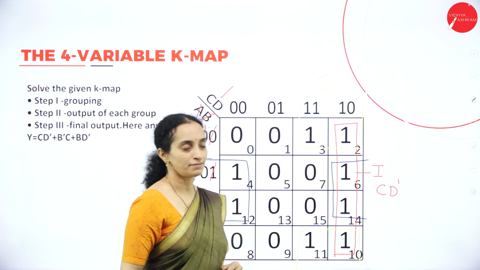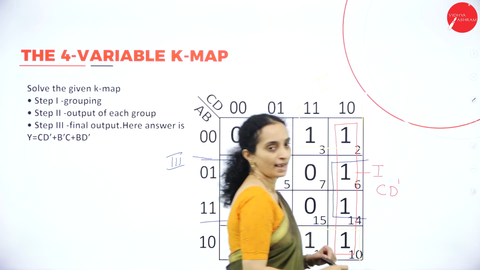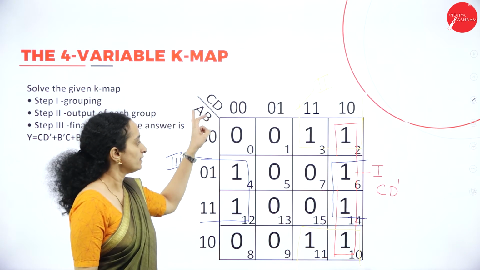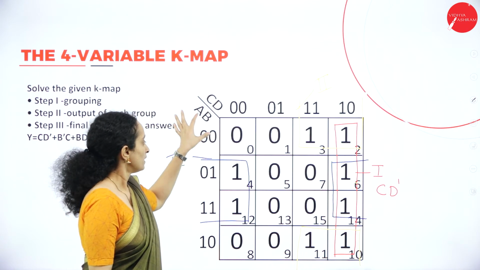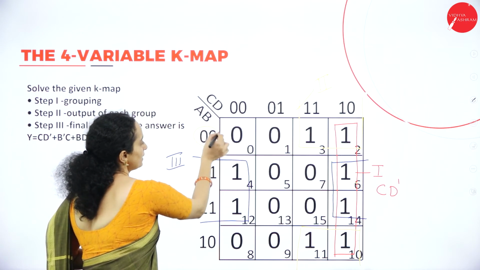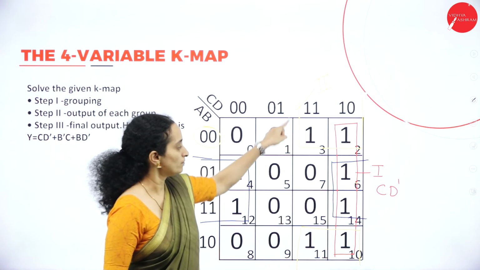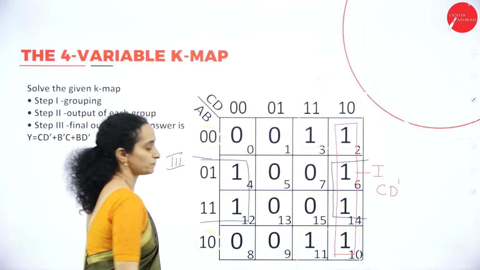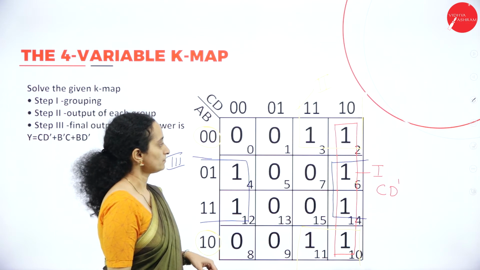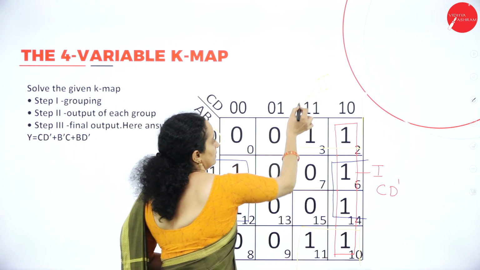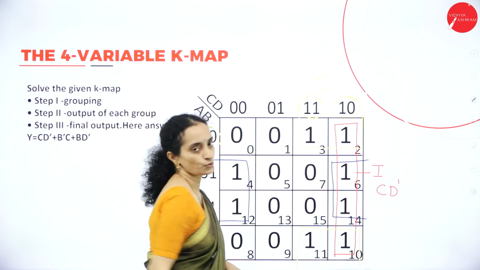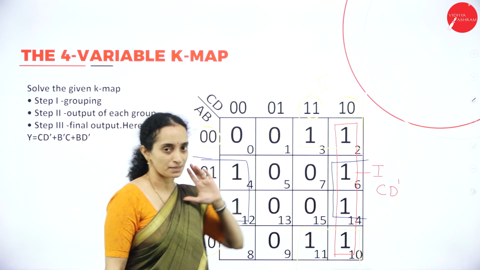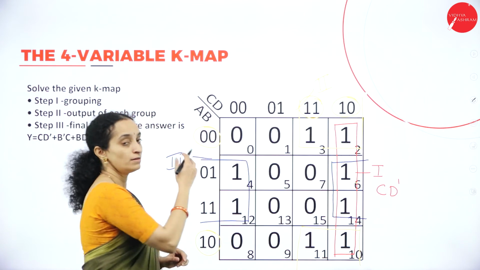Now, let us check with the second group. In the second group, we have the variables AB, again CD. Now, you have to check this 0, 0 group, and the last value, this group. These two combinations and these two combinations must be matched or compared.